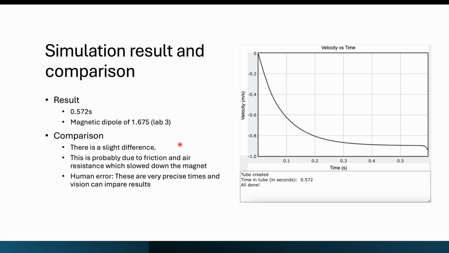One is that there is friction and air resistance in the real experiment, because the magnet did not fall perfectly straight. It did hit a bit of the walls, and there's always air that creates air resistance. There's also human error. Even though I used the video, you don't see it perfectly straight, so there is a slight vision angle dead space that probably made the fall slightly longer.